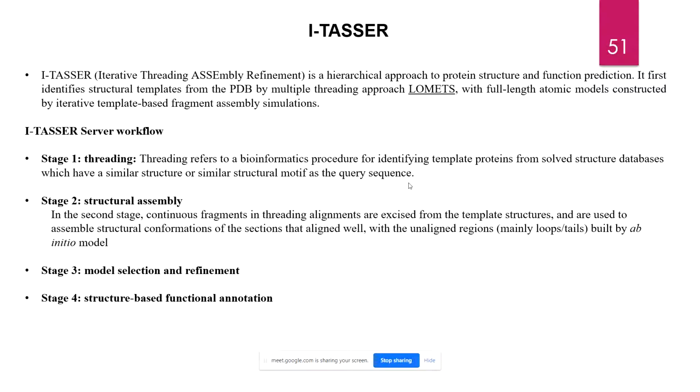After being assisted by this sequence profile and the predicted secondary structure, the query sequence is then threaded through a representative PDB structure library by using another server algorithm, and that algorithm is LOMETS.